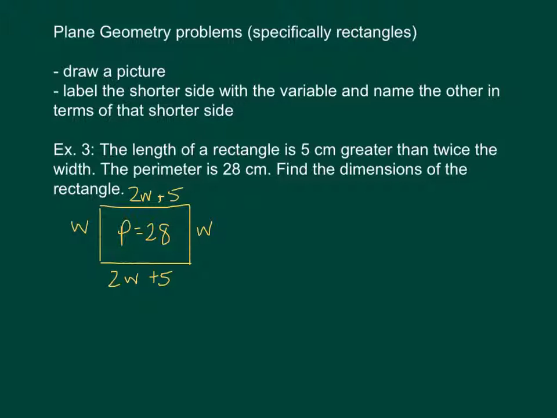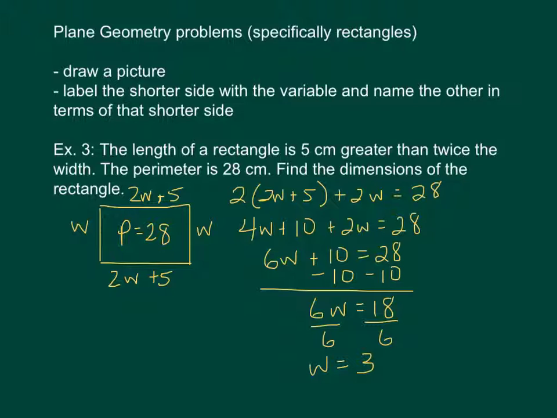To find the perimeter, we've got 2 times each of the sides. So you could go 2 times 2W plus 5 plus 2 times W equals 28. And that's what you're going to solve. Remember, once you find the width, you find the length. So pause it, try it, then come back and take a look at the work.